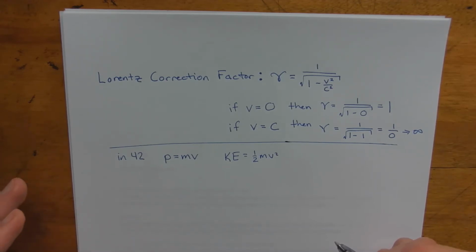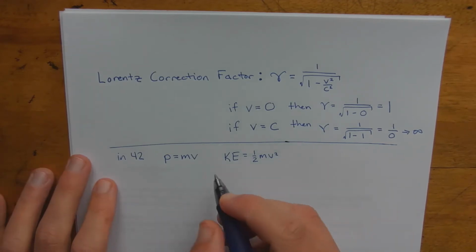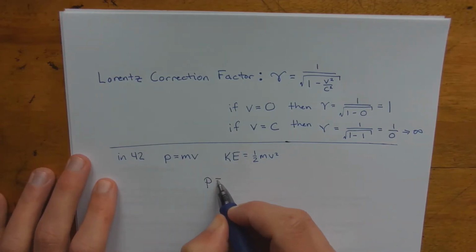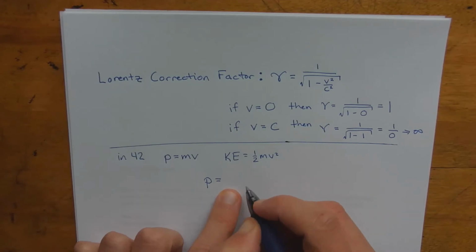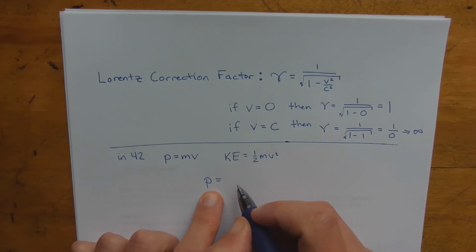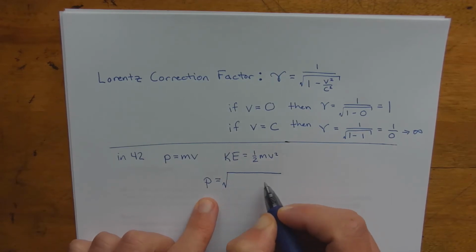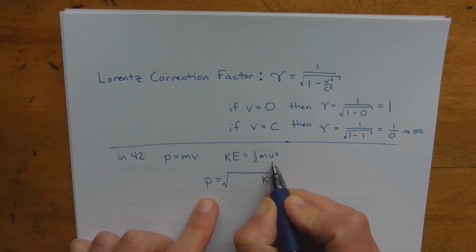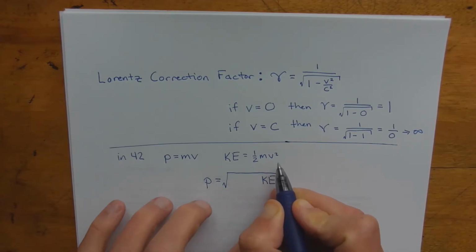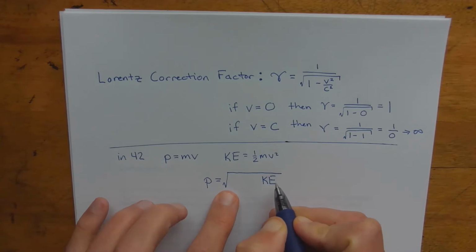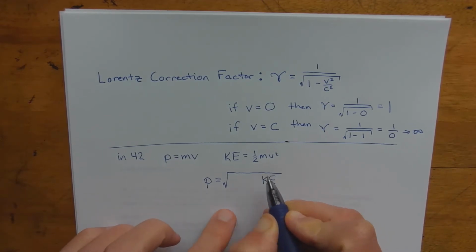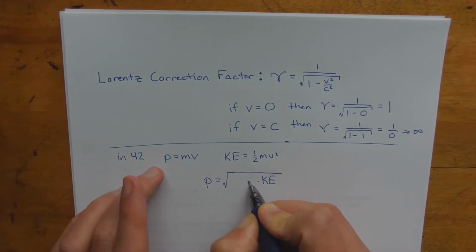One way we can do that is to write the momentum in terms of the kinetic energy. So I'm going to say the momentum is equal to, I'm going to need to put a square root in here because I want to use the kinetic energy, but the kinetic energy has a v squared in it. So to get to m times v, I'm going to have to take the square root, but I only have one m here, so I'm going to need another m.